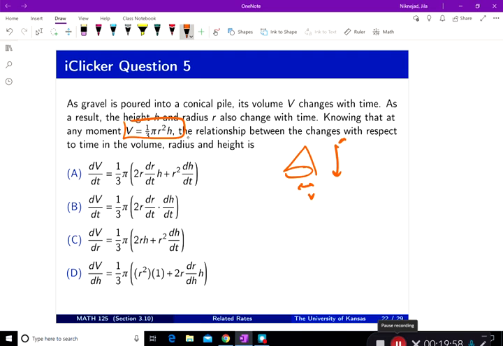And so that's the equation. Remember, V is changing with time, r is changing with time, h is changing with time. So when I'm taking the implicit differentiation of one side, and also remember that 1/3 pi is actually a constant number. And so when I'm taking the derivative of the other side, I have to remember r and h are both functions, and I have r squared times h, a product rule.